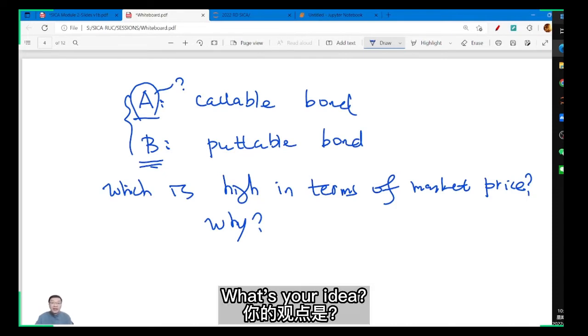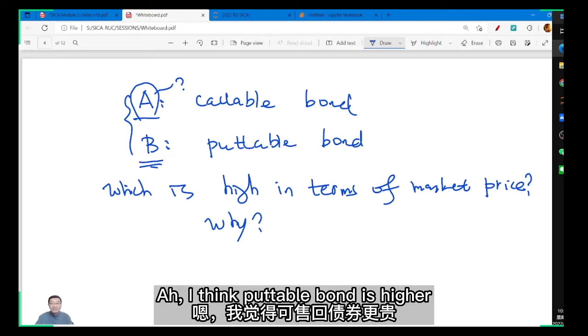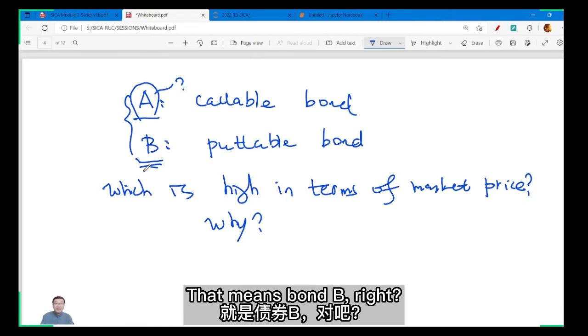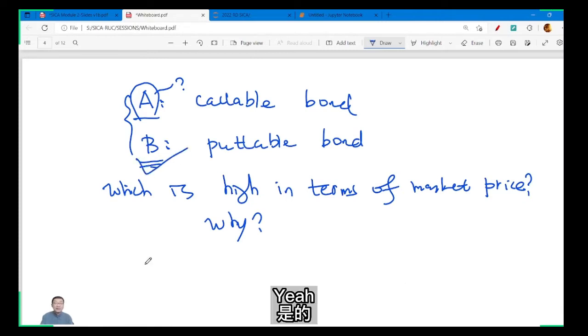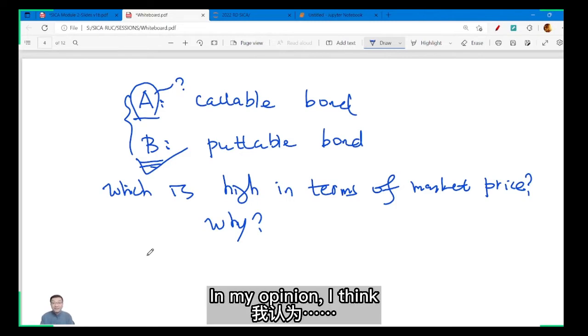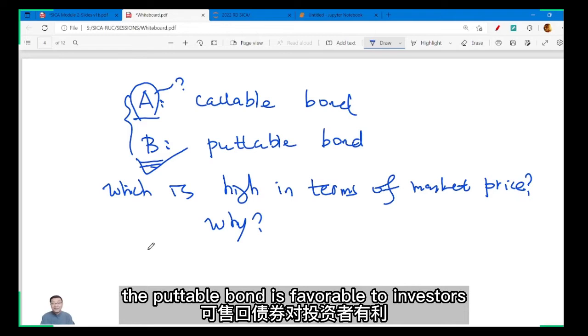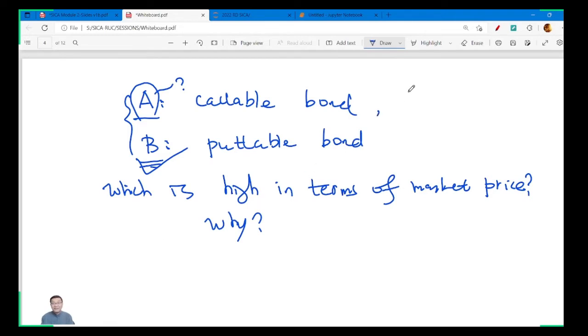What's your idea? I think the puttable bond is higher. That means bond B, right? Yeah. Why? In my opinion, just as you said, the puttable bond is favorable to investors.